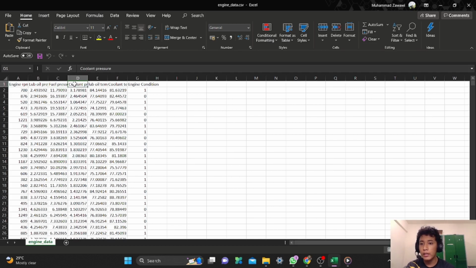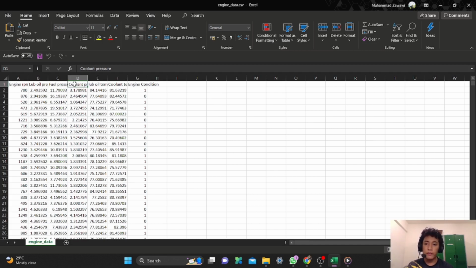Next, we have the coolant pressure. For the coolant pressure, we will also divide this into 3 parts, which are low, medium, and high. The causes of engine breakdown are low coolant pressure and high coolant pressure.